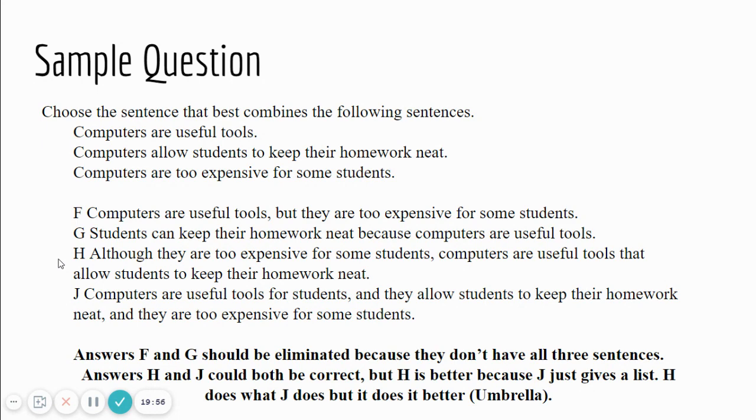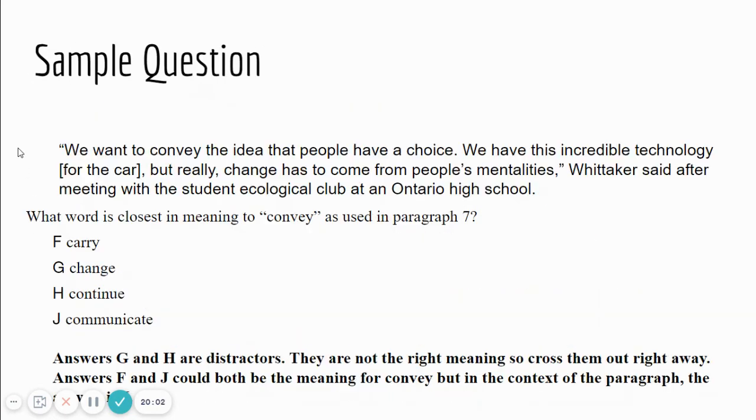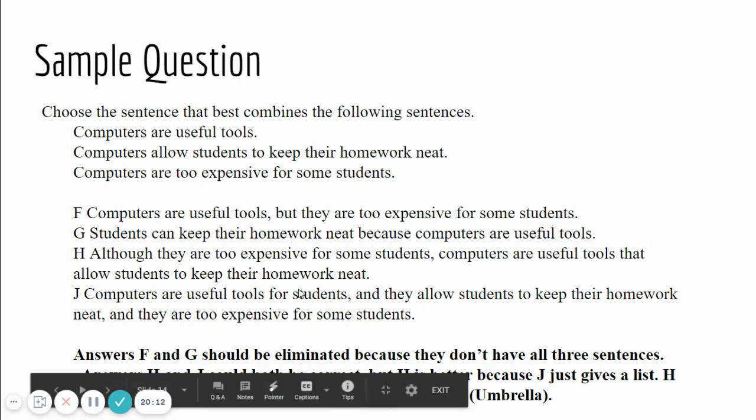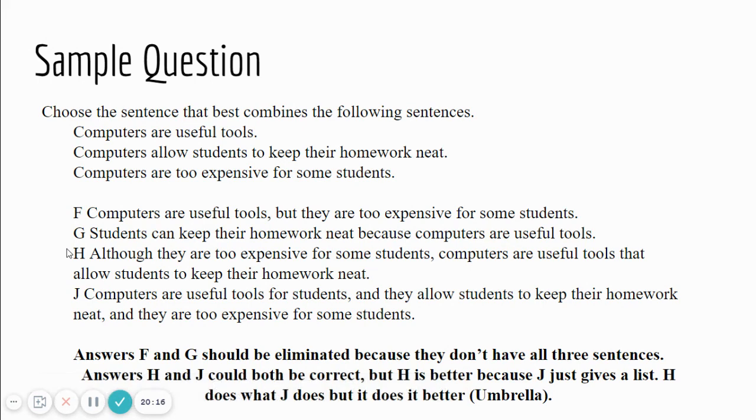Okay, so they both have all three sentences, but if I go back to making sure that I read my question carefully, what best combines it? J is not really combining it, they're just listing three different things. Whereas in H, they're showing us cause and effect. They're showing us how things go together. Although they're too expensive for students, they are useful tools and they help students to keep their homework neat.